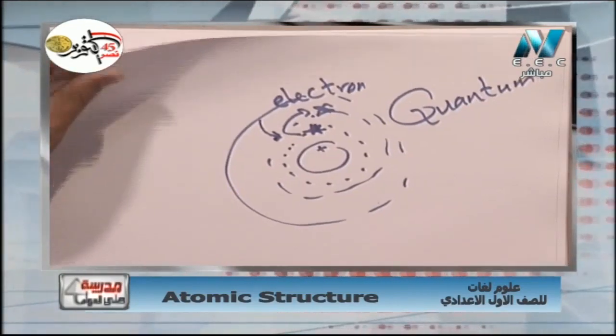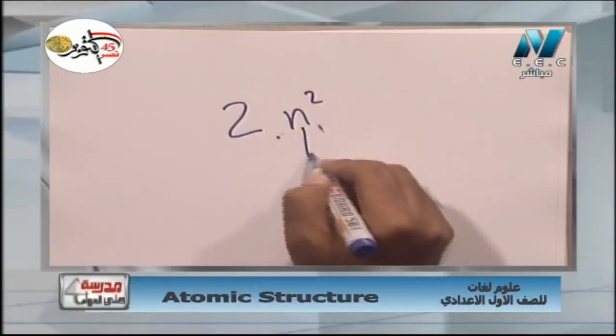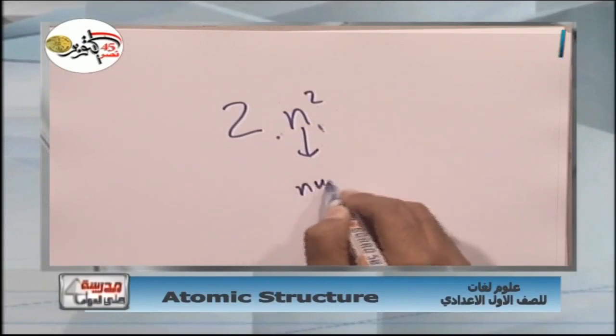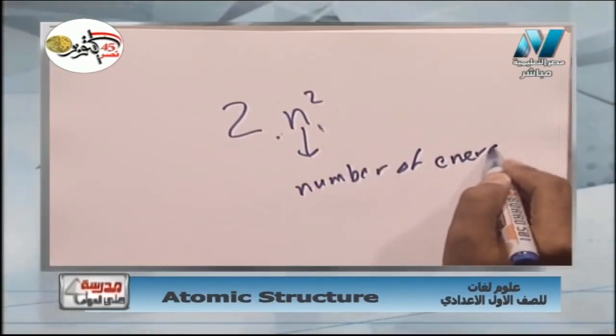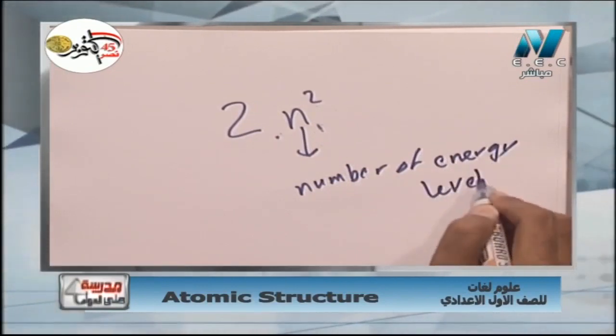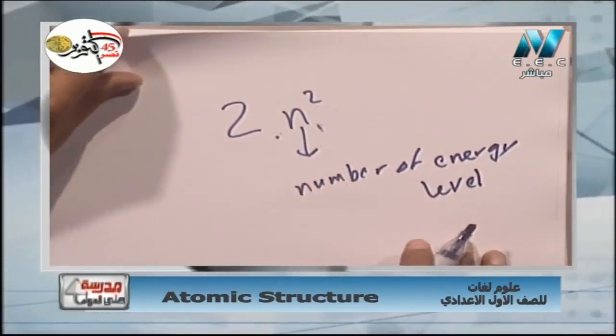Now, the electronic configuration. I can calculate the number of electrons that saturate any energy level from the relation 2n squared. But what's n? It is the number of the energy level. What does it mean? If n is 1, how many electrons are in K?